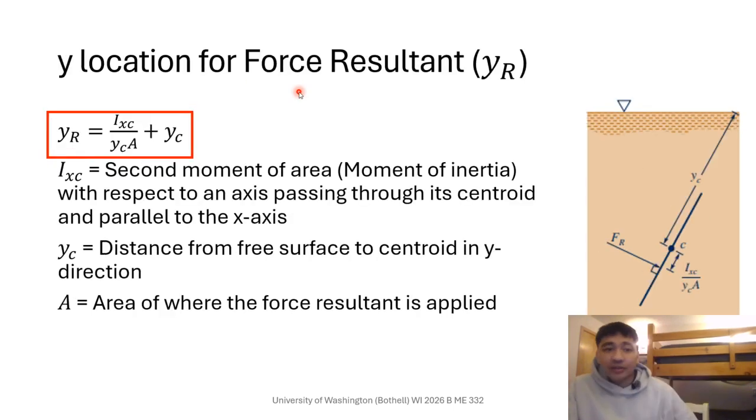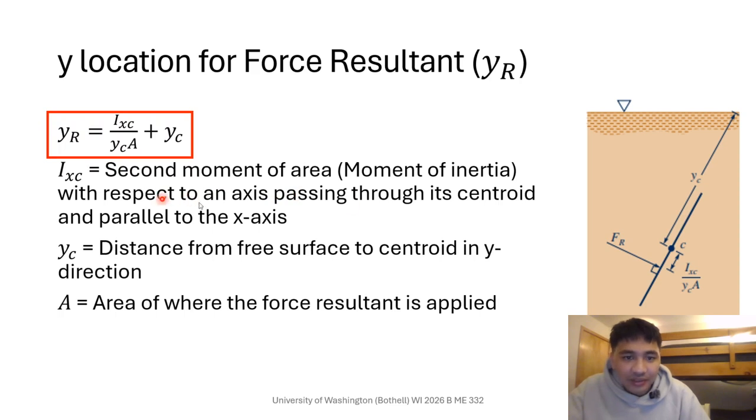Okay. So now, trying to find the Y location of that force resultant. So you have your IXC here, which is your second moment of area, or your area moment of inertia. And you can see the derivations in the textbook if you'd like, and you'd review some parallel axis theorem.